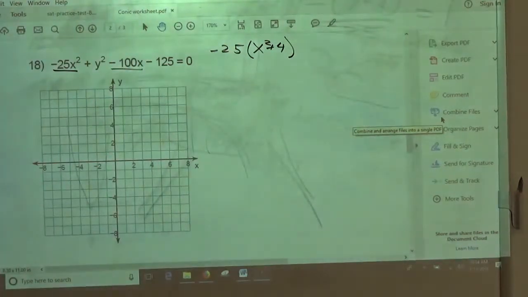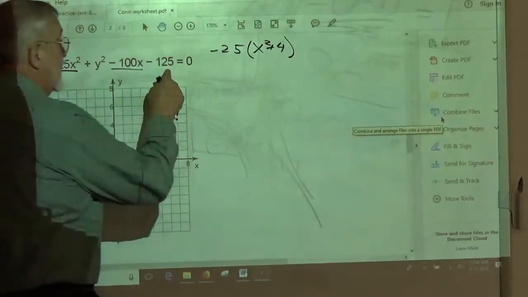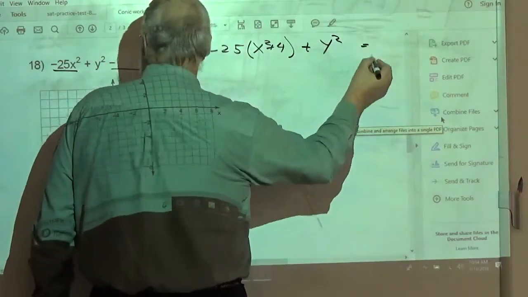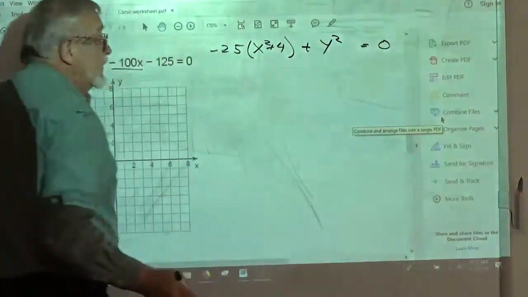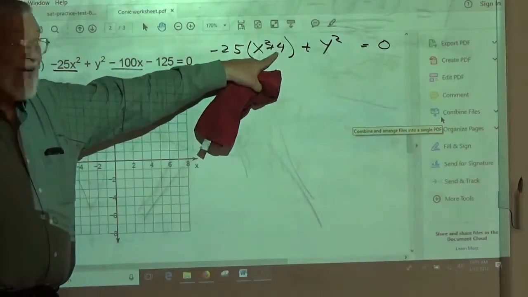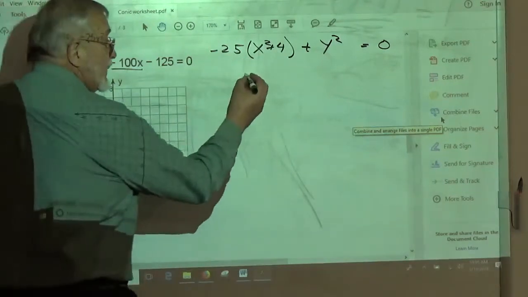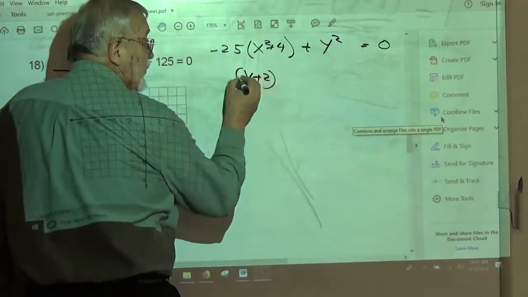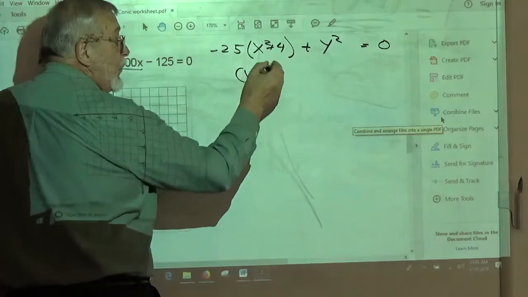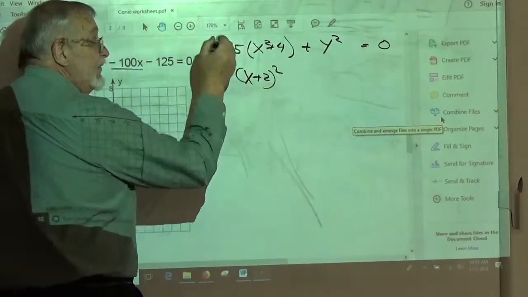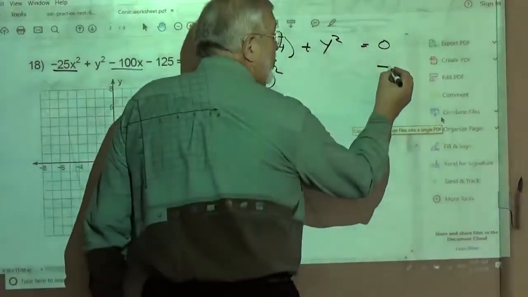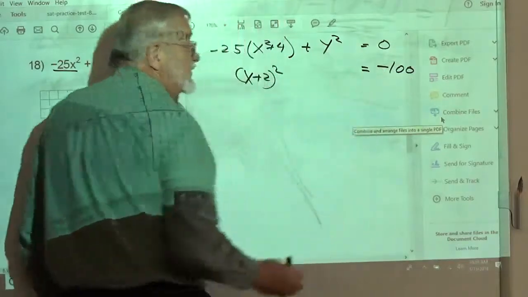I got that? All right, now, when I have this, I'm going to have plus y squared equals, and it says 0 here. All right, now, how do I complete this square? I need half of this, 2, right? So this is going to be x plus 2 quantity squared. Now, the number that's left is 2 times 2 is 4. 4 times negative 25 is negative 100. So therefore, I'm going to have negative 100 additional on that side.